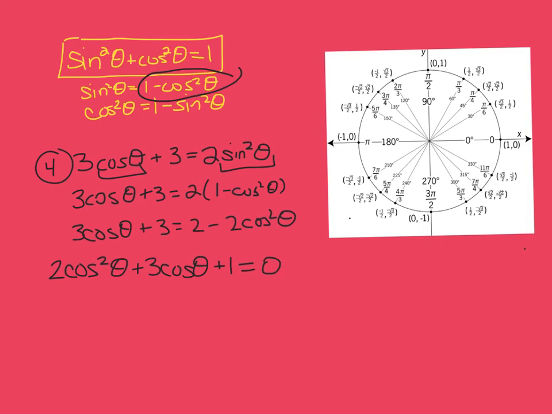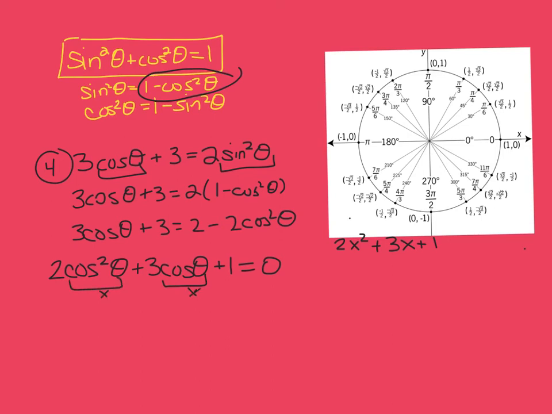This equation might look similar to something that you've seen before, or you might just be looking at it like, what is going on here? But this is actually a similar equation to the equation 2x squared plus 3x plus 1. You'll notice that instead of x's, however, I have cosine thetas.